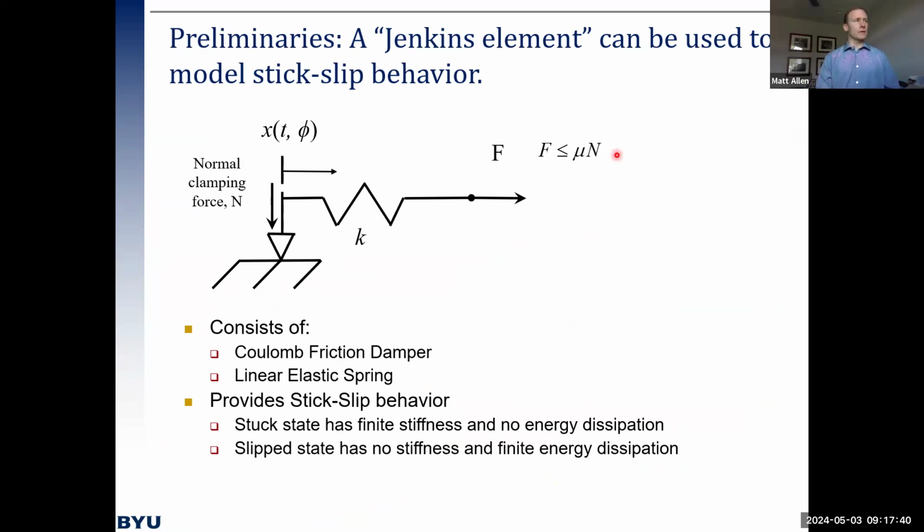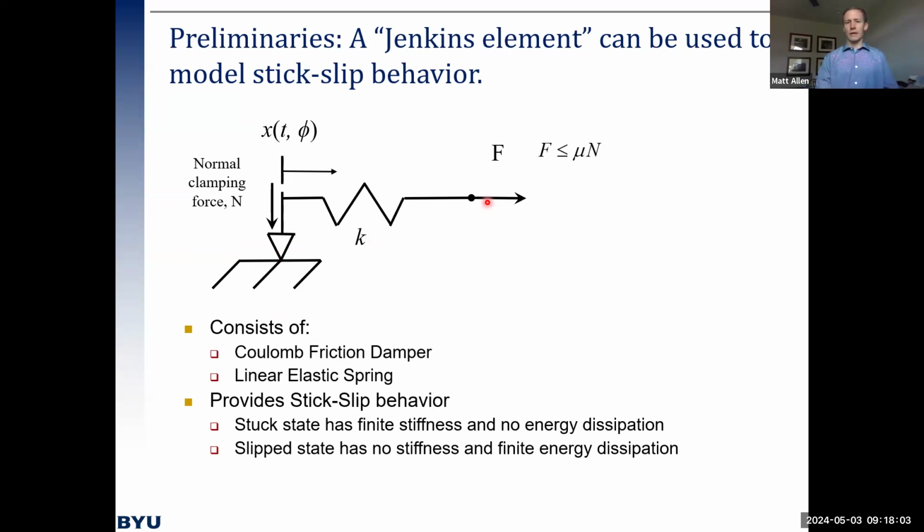So these are all built on the idea of a Jenkins element or a Coulomb friction slider. So imagine we have a spring, we have a normal force applied to a Coulomb friction slider. So this contact has Coulomb friction. And so as we increase the force on the spring, we'll get a linear elastic behavior.